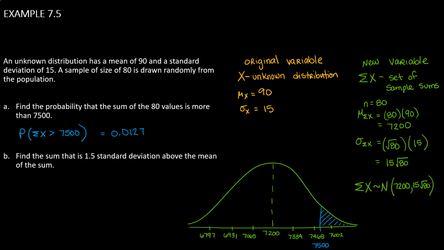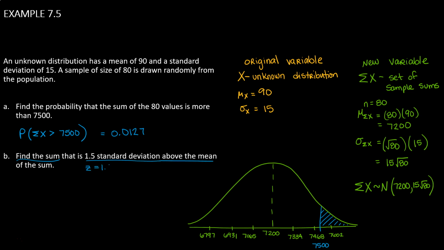We can also answer questions like, find the sum that's 1.5 standard deviations above the mean of the sums. To do this, we're going to interpret the question where we know we're finding a sum like sigma x, that's capital sigma x, that is 1.5 standard deviations above the mean.